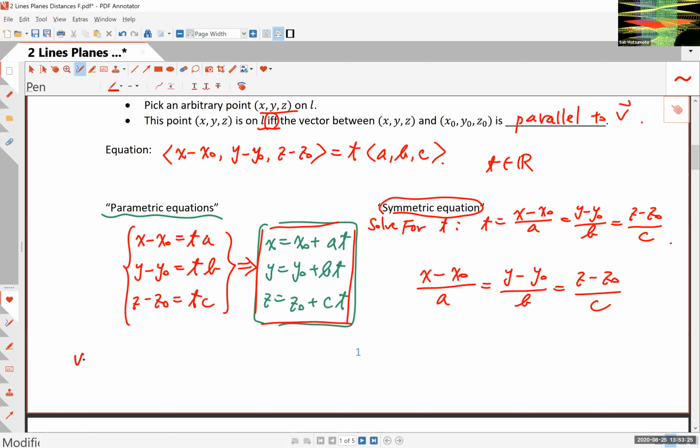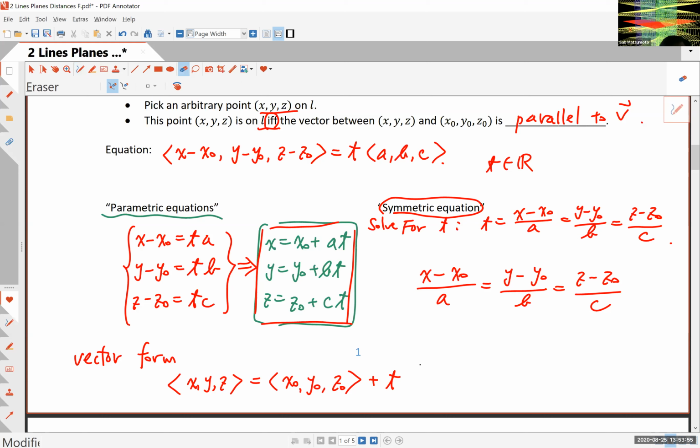Now, there is another one, sometimes called a vector form. I don't think I should have a hyphen here. Vector form of the equation would say something like this. Basically, (x, y, z), which is really the same as the set of parametric equations, is equal to (x naught, y naught, z naught) plus tv, where v is basically (a, b, c).